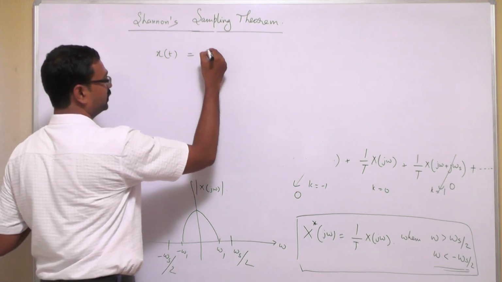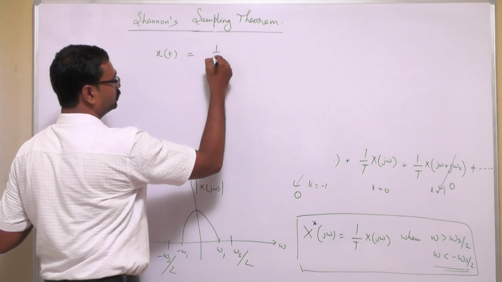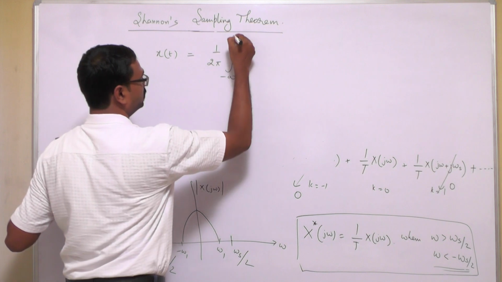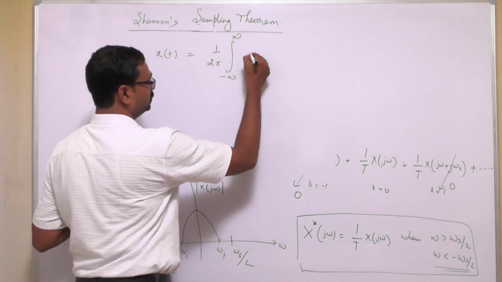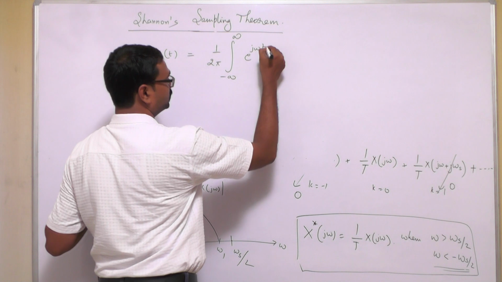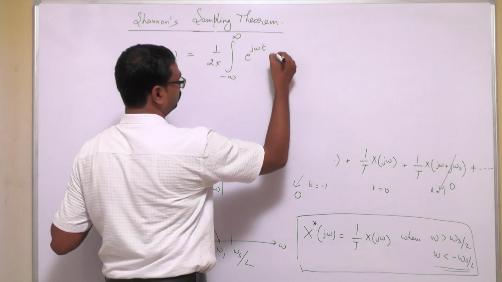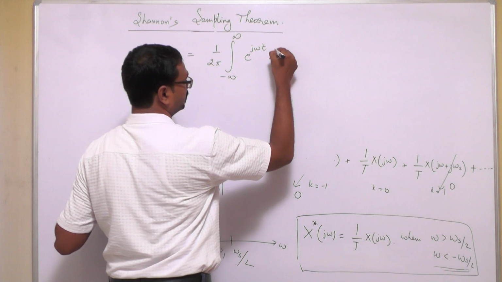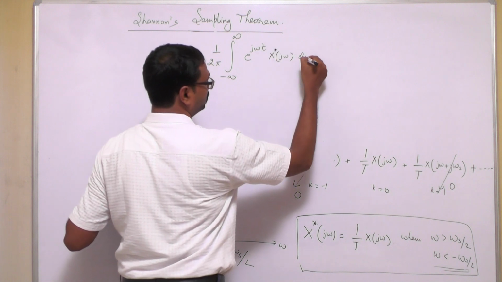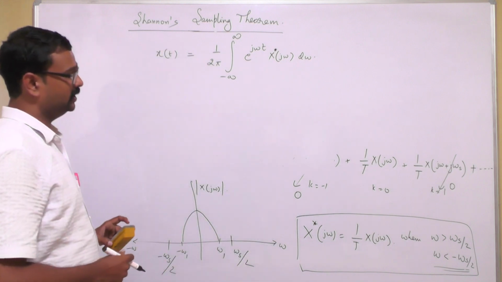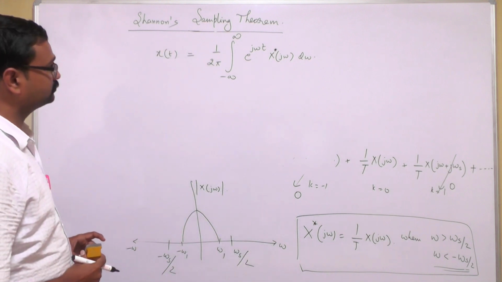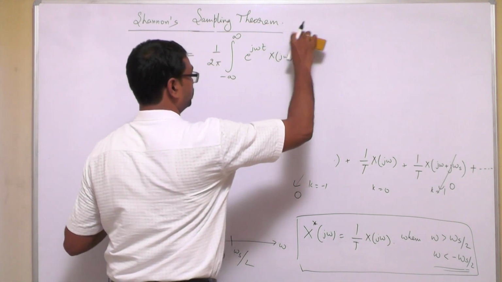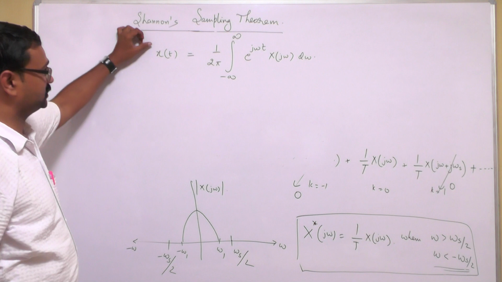In the inverse Fourier transform, I will have 1 by 2 pi integral over minus infinity to infinity e power j omega t x of j omega d omega. I have the values of x star of j omega. If it is x star of t, you will have x star of j omega.